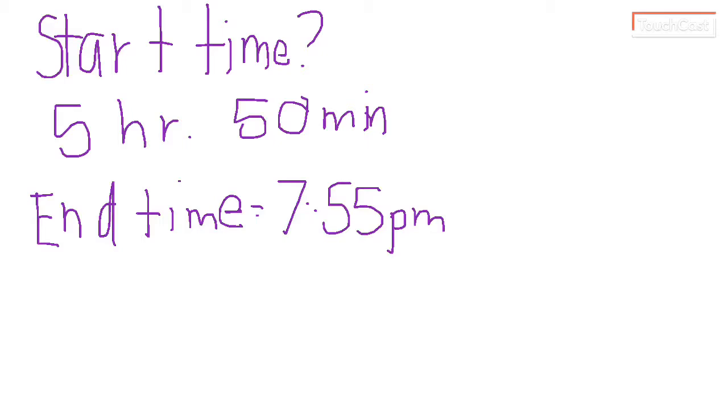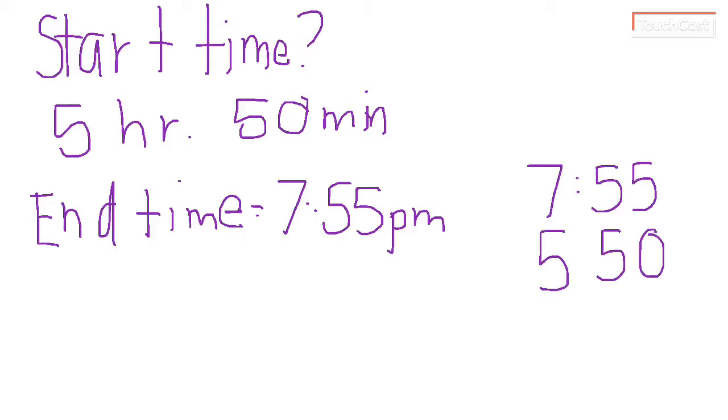So here we have one where we don't know the start time, but we do know the end time. So when we do know that, we're going to do the direct opposite of what we did before. We would add to find out the end time before. But since we know the end time, we're going to subtract. Now that can cause some headaches at times, but this one works out pretty well.